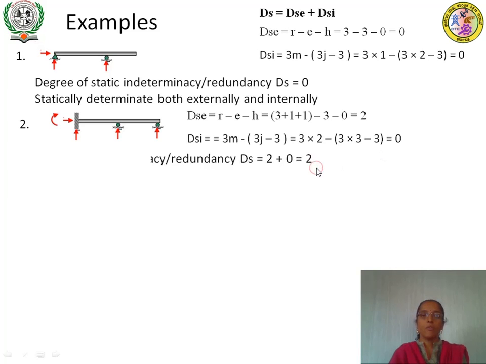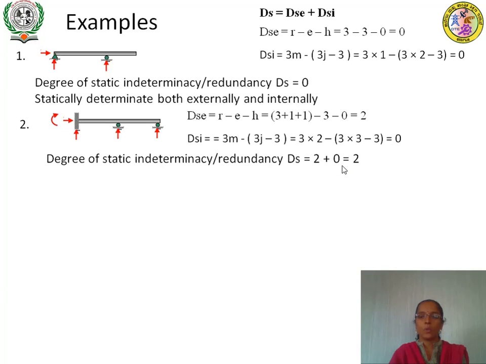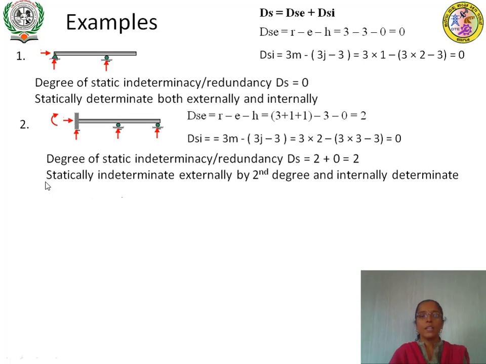Therefore, the degree of static indeterminacy 2 plus 0 is 2. The degree of static indeterminacy of this structure is 2. So we can write it as statically indeterminate externally by second degree, and it is internally determinate.